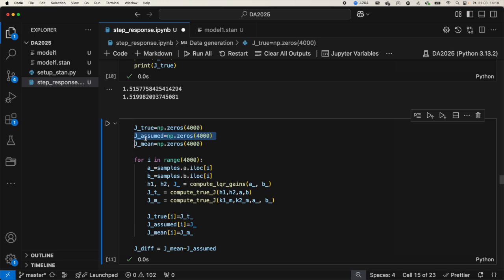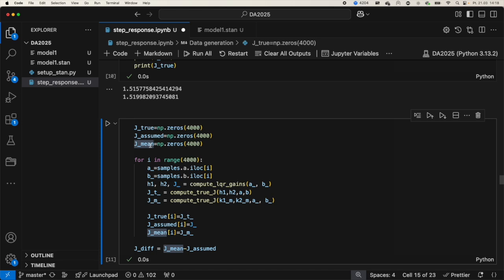Like if we wouldn't know what the true values are, we could still estimate using LQ what the performance indicator value is for those gains that we've computed. We get A and B, and for those, we will have a distribution of possible values of performance indicators consistent with our knowledge. And finally, we will have how much we lose if we use the mean values for the gains.